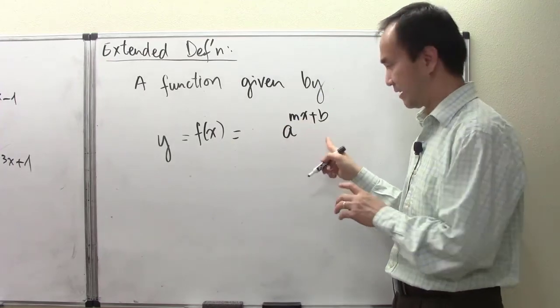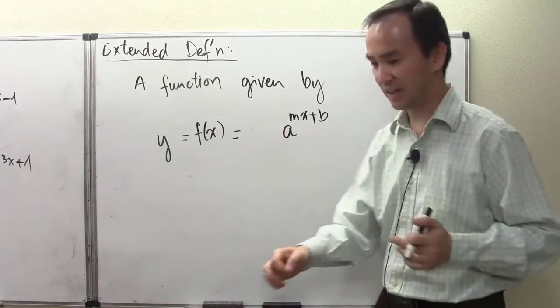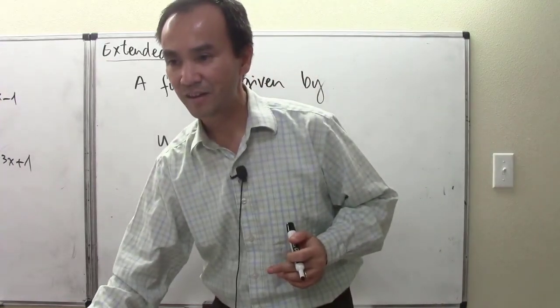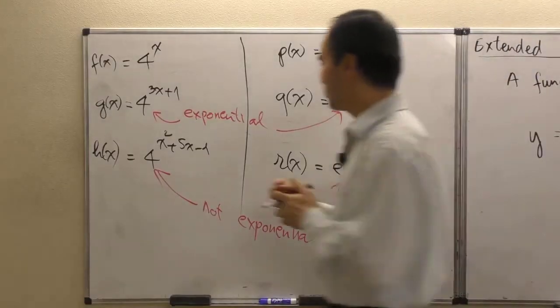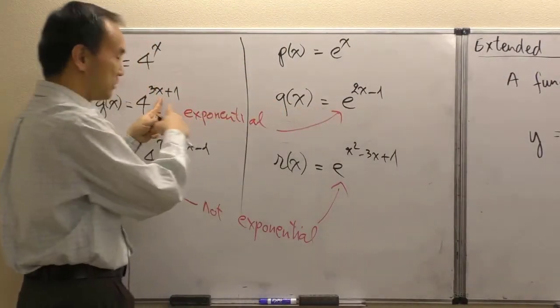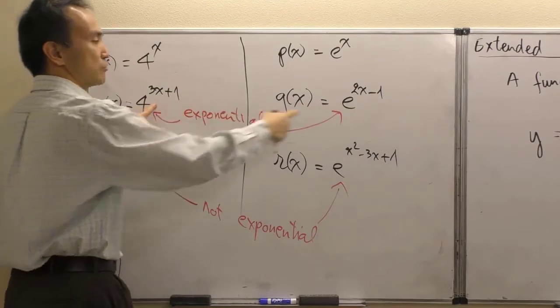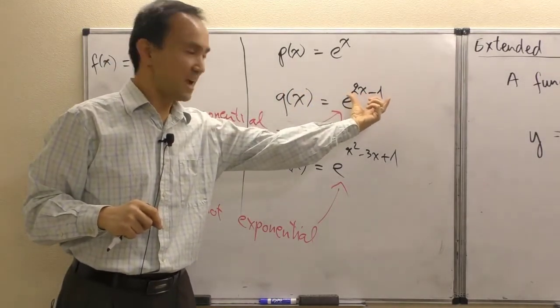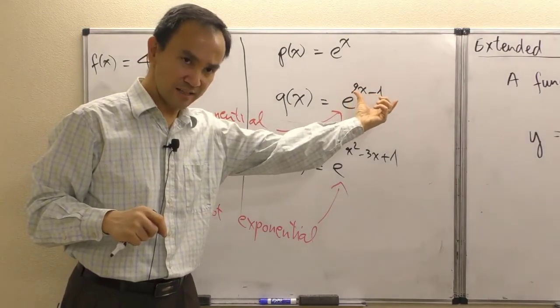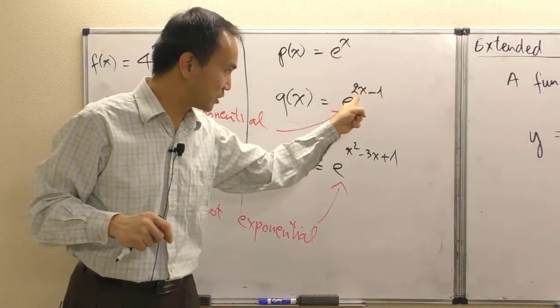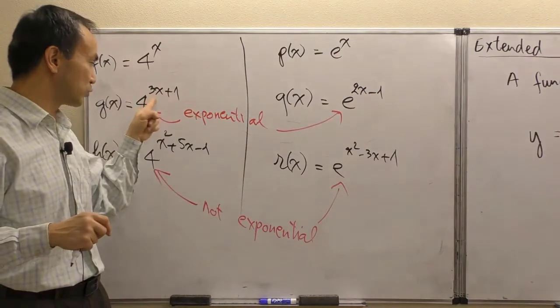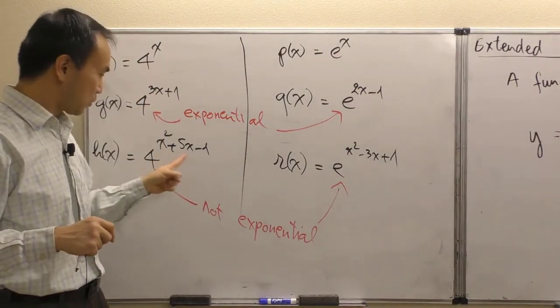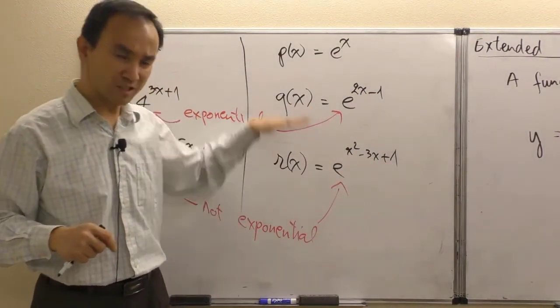Okay, and this form right here is exactly what we saw throughout these two little example problems I brought up earlier. The exponent has a linear expression there, a 2x minus 1, a 3x plus 1 here. But here it's a quadratic, so we just don't consider these.